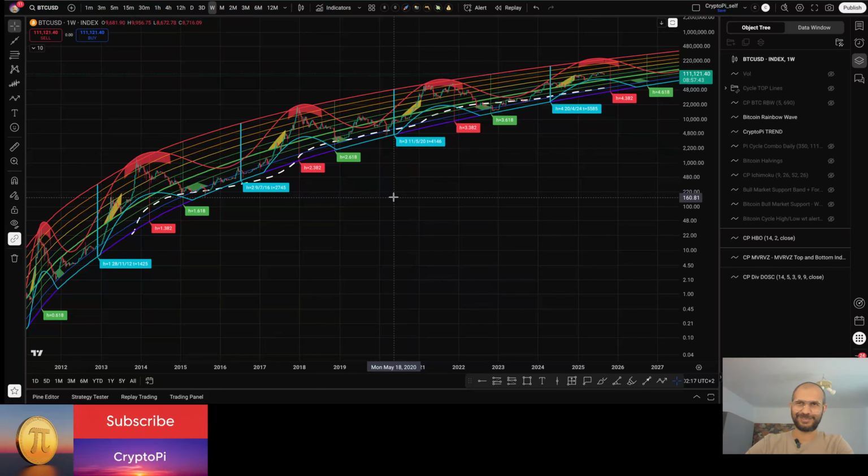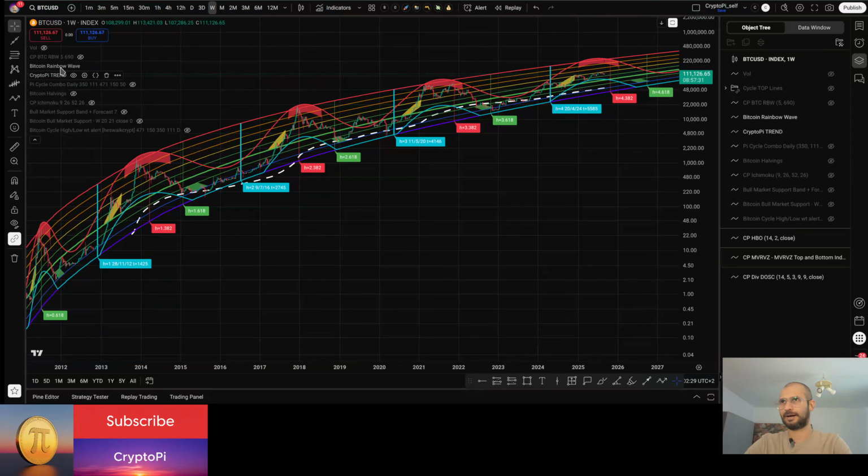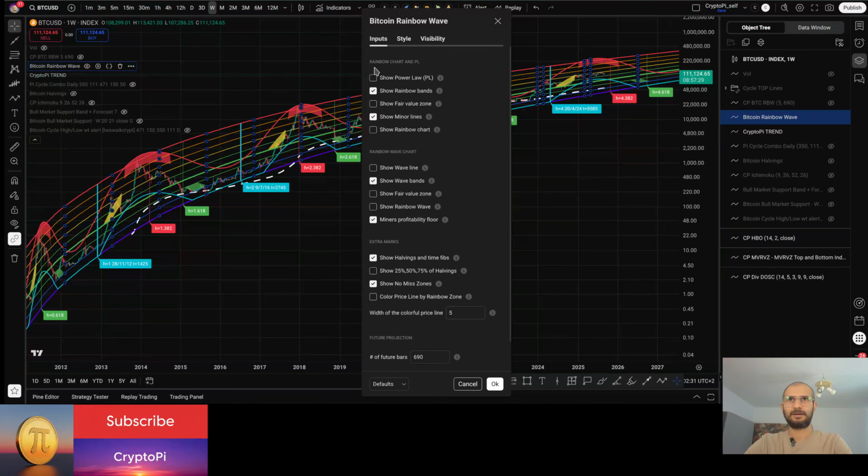It's pretty colorful. Basically it's a regression band, and there are different levels in the regression band. Along with that, you also have a different set of charts.